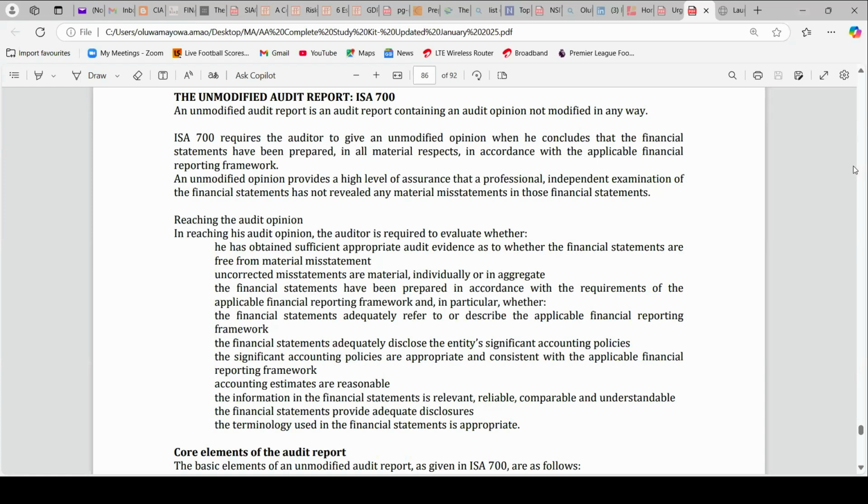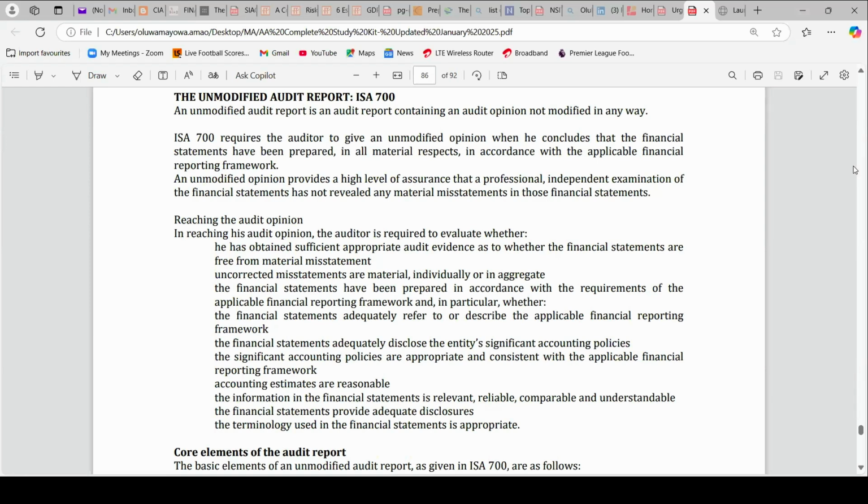It's not the auditor that will be going about trying to enlighten his client that this is what I'm supposed to do. Although there is a bit of that, the major work of closing that gap lies with regulatory bodies. So ICAN as a regulatory body in Nigeria should carry out more public fora, more seminars to enlighten the public on what the work of the auditor should be.